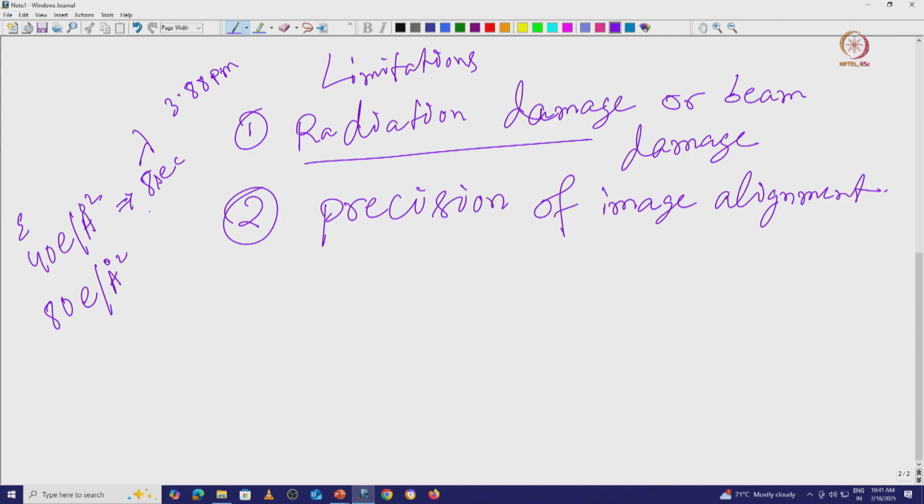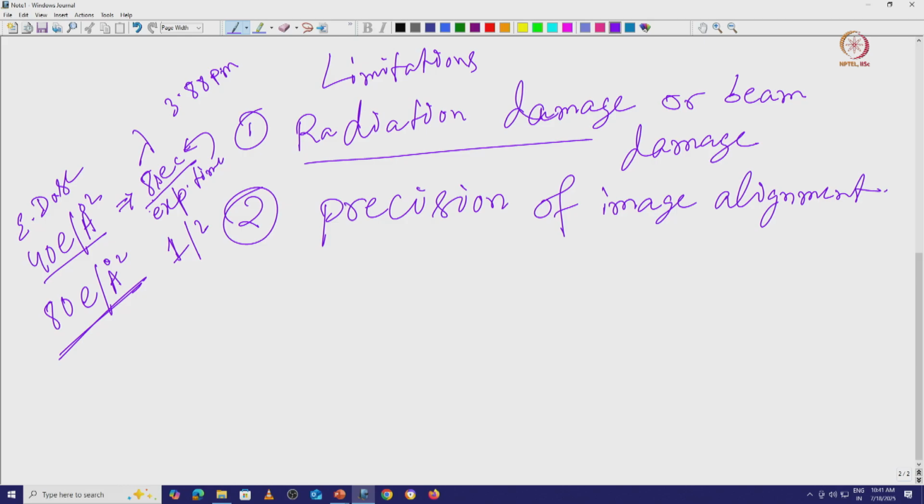This is the electron dose, and this is our exposure time. If you are increasing the electron dose, previously you were using 40 electrons, now you are using 80 electrons, then it is better to decrease the total exposure time. You can use maybe 1 second or 2 seconds, something like that.